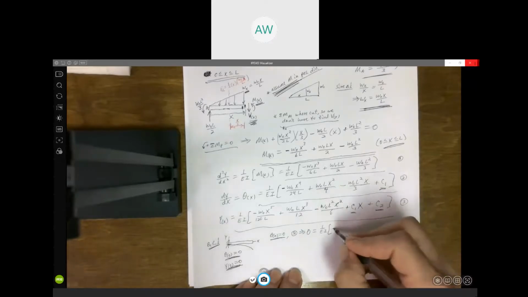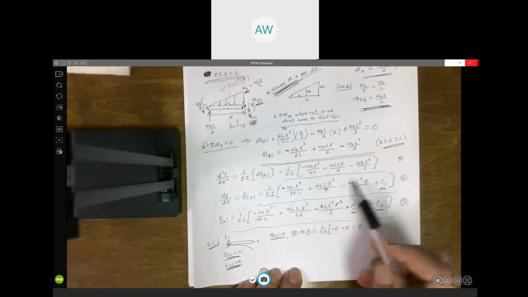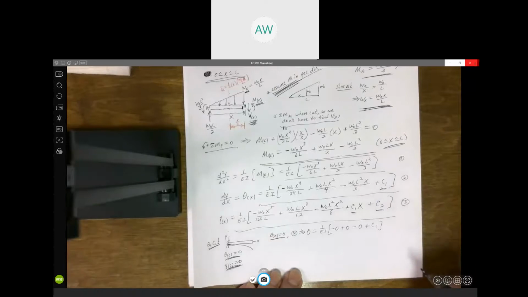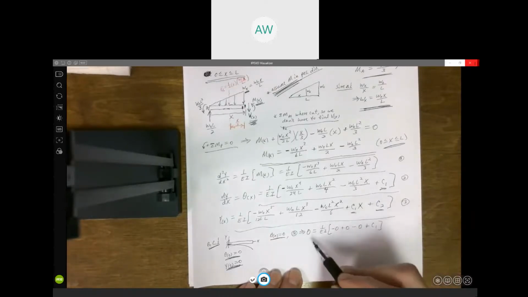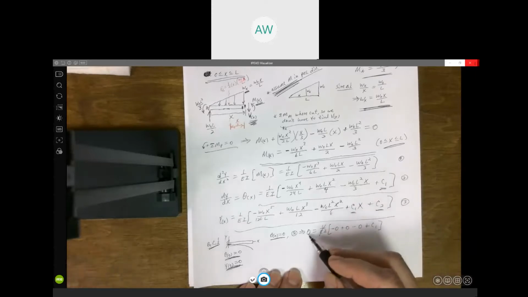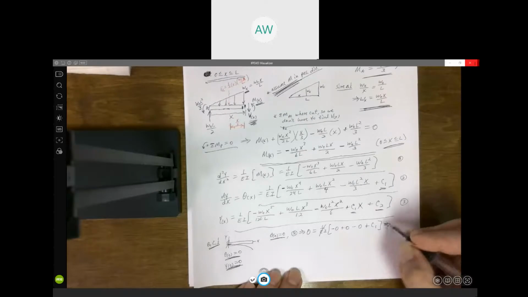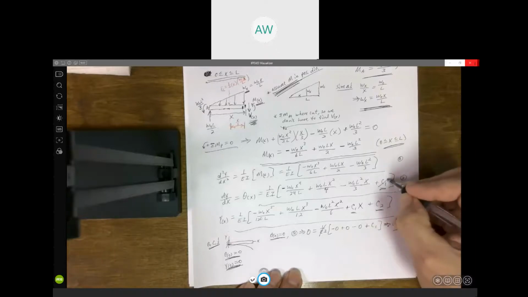This is going to be minus 0, plus 0, minus 0. Everywhere there's an x, I plug in 0. All that's left is C1. We can cancel the EIs, because I've got 0 equal to this thing. If I multiply both sides by EI, the EIs cancel, and EI times 0 is still 0. So what I have left is just C1 is 0.